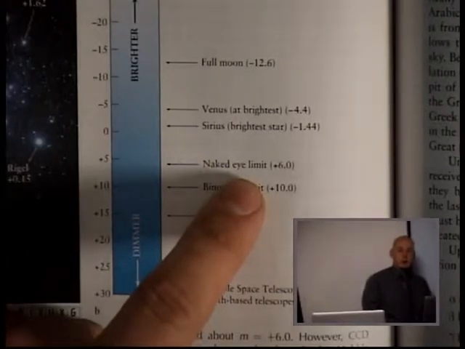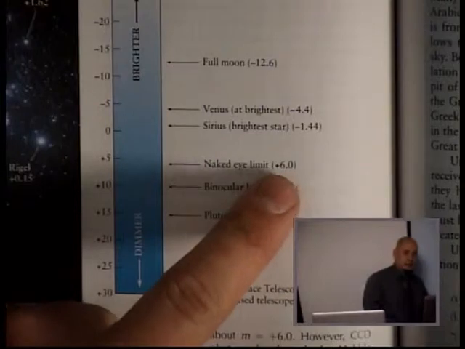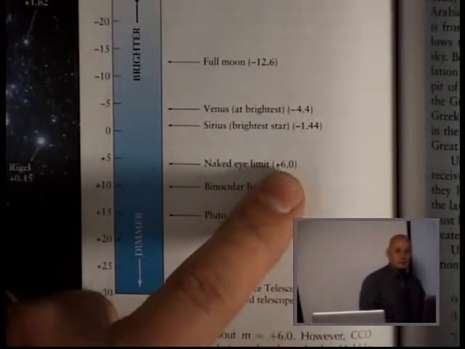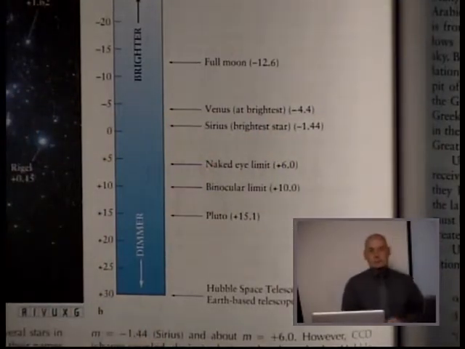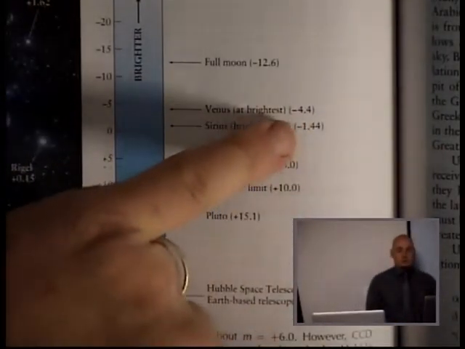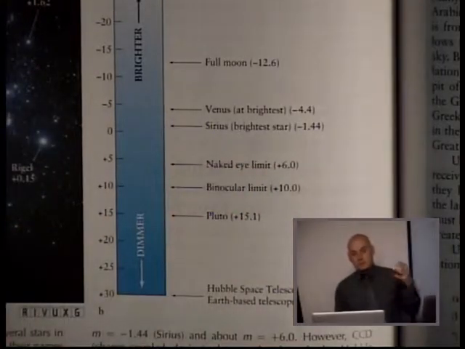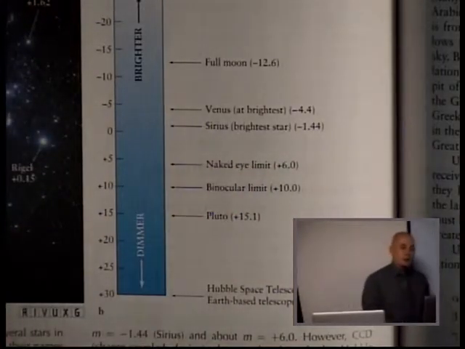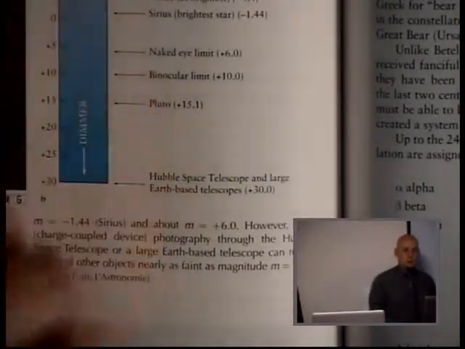Naked eye limit. If you are in a dark location, if you have good vision, and it's a clear sky, you can see maybe about a positive 6. So basically, everything that you can see at night, star-wise, is from about a negative 1.5 to about a positive 6. That's everything that we can see. Now, obviously, if you add binoculars or telescopes, you can see much better.